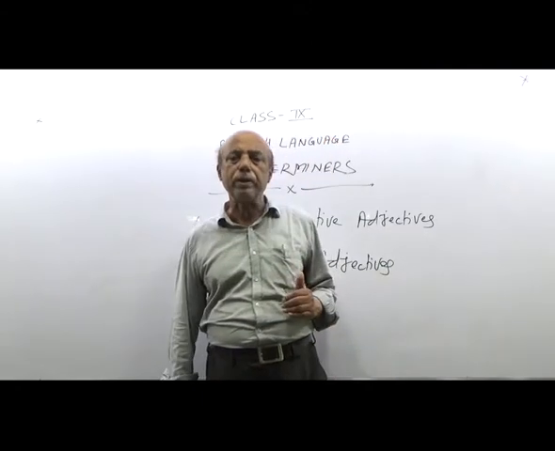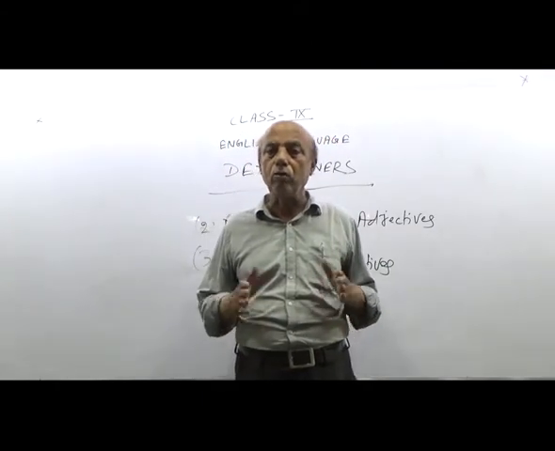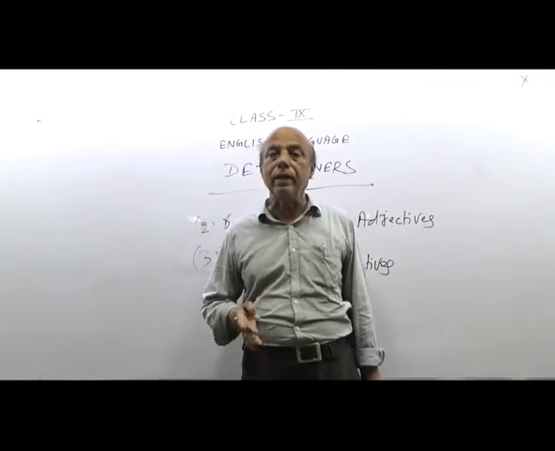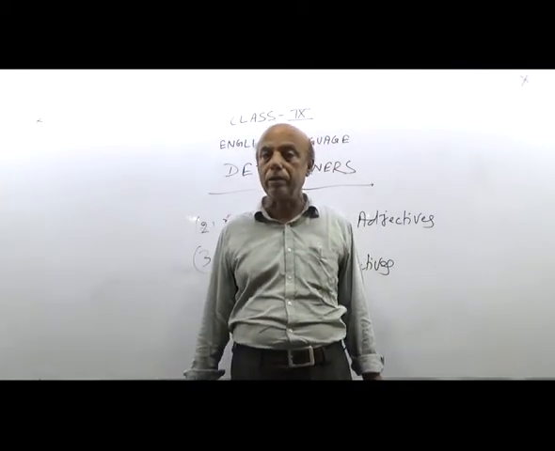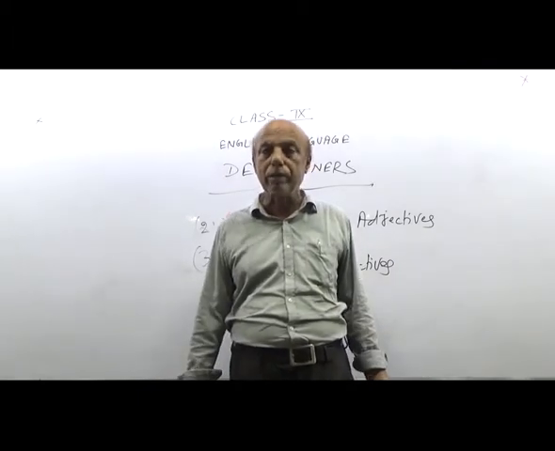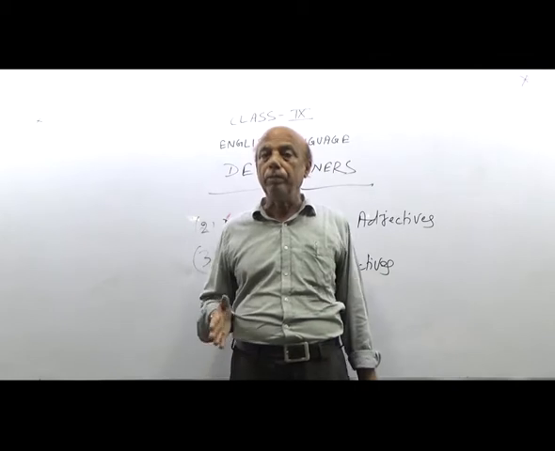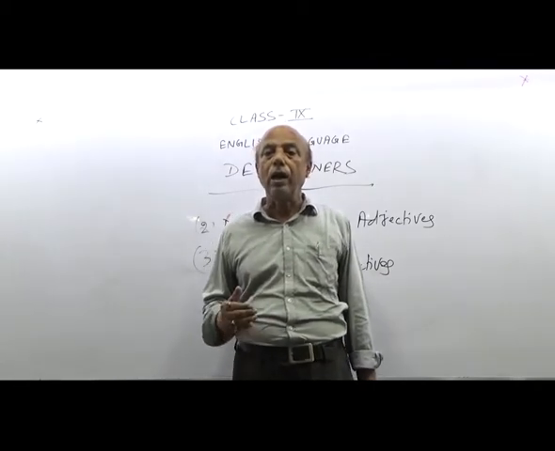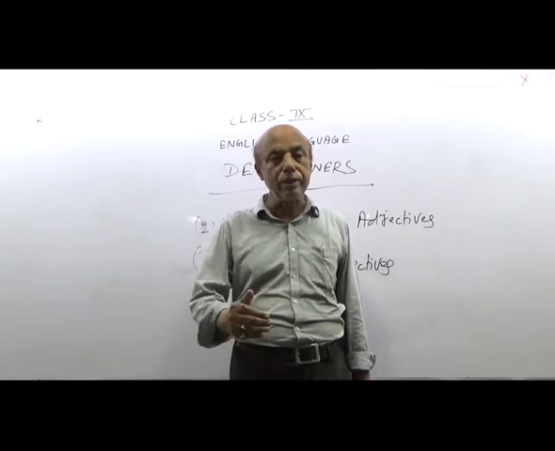In the course of teaching, I have told you there are also many more determiners, such as little, a little and the little. Few, a few and the few are also determiners. For example, few students are here. A few students are taking interest in study.